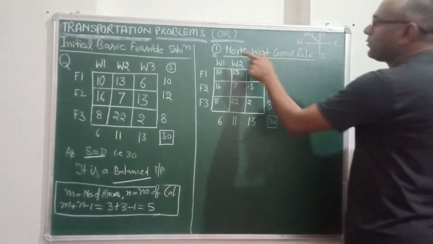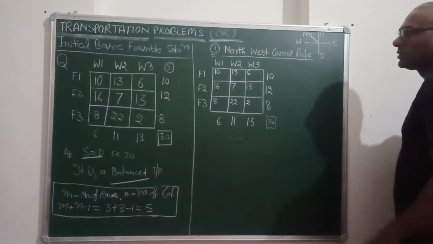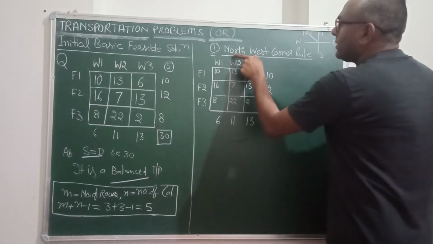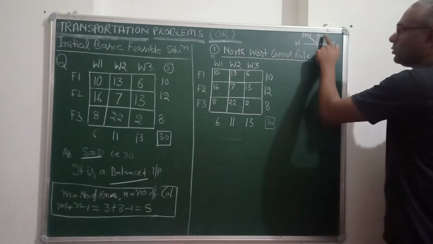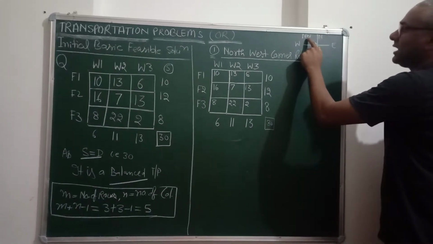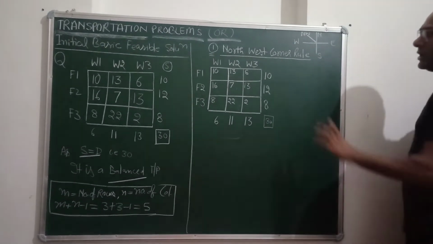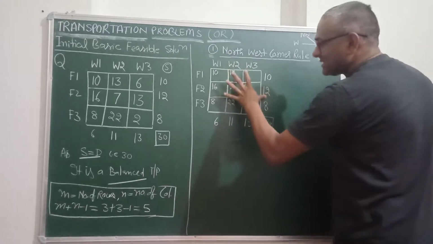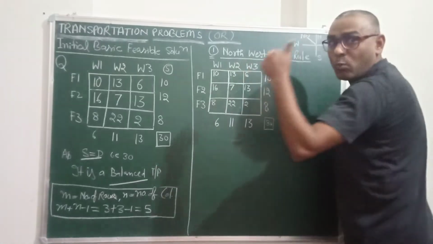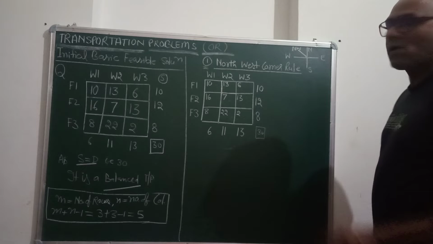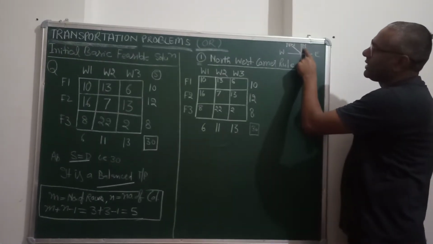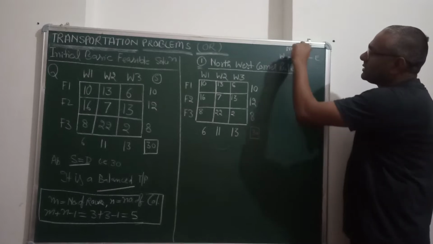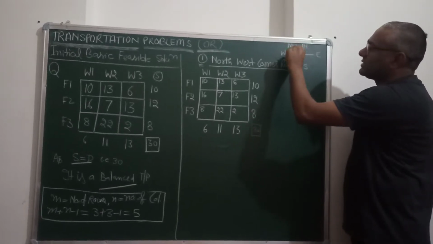Before moving to the northwest corner rule, you must understand what northwest is. If this is east, west, north and south, then this is the northwest direction. In this table, this is the north direction and this is the west, so the center of north and west is northwest.